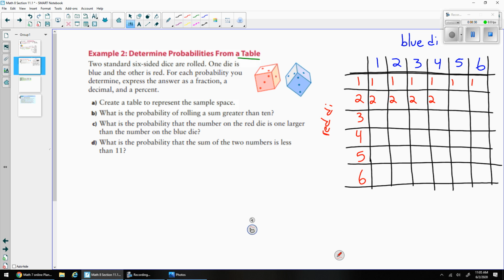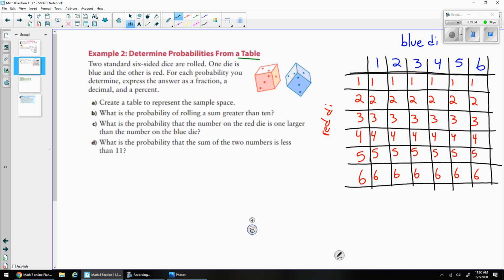So going across from the red die, we get a 3 in each one of these outcomes, a 4, 4 here, 5s. Okay, so it takes a while to fill these tables out, but it is useful to be able to see the sample space, all the possible outcomes like this. Tables are quite useful that way. 6, 6, 6, 6, 6, 6.